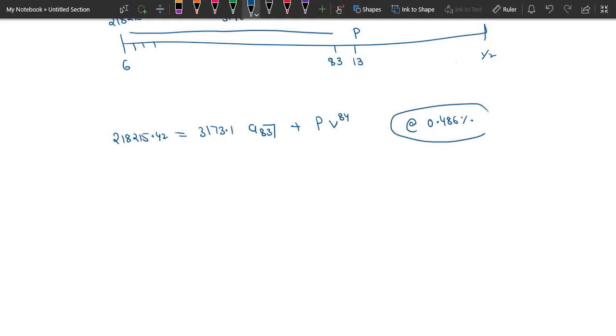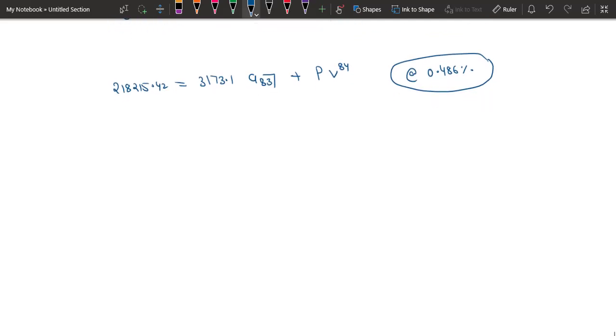We have calculated this i12 upon 12. So you can either form the equation like this, or the second and easiest way is to form the equation like this.